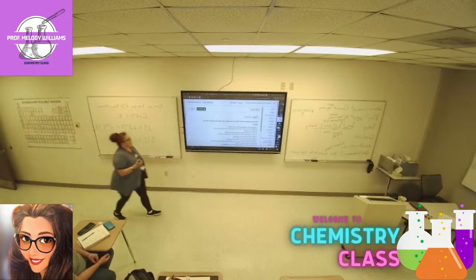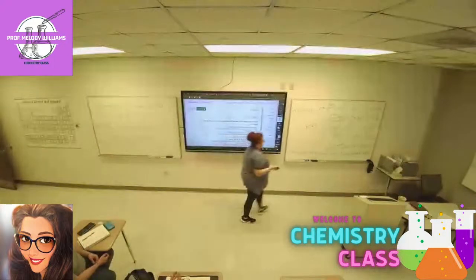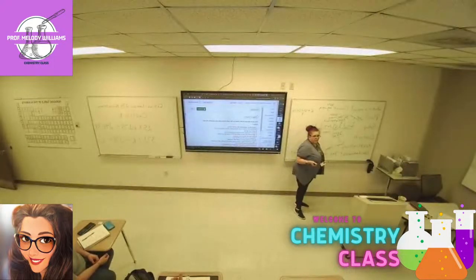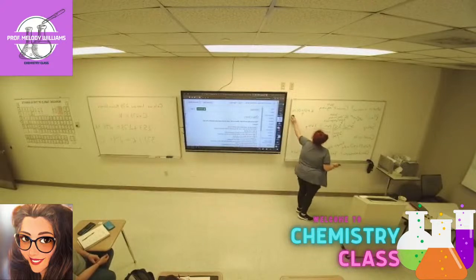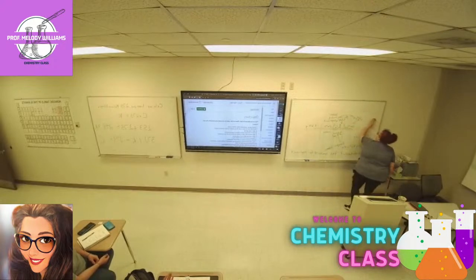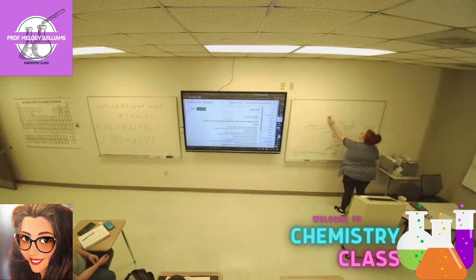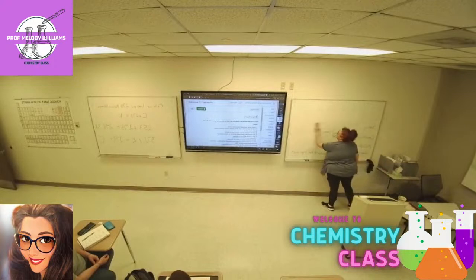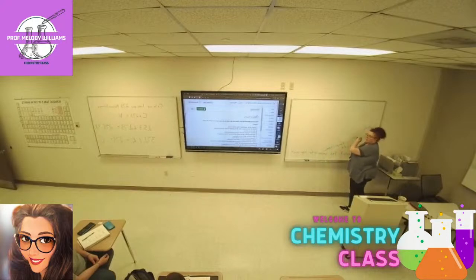Okay, so absolute 0 is where all movement of all atoms stops. Nothing's moving. I don't know if we got there yet or not. So 0 Kelvin is where it is so cold, there is such an absence of heat that there is no movement in atoms.